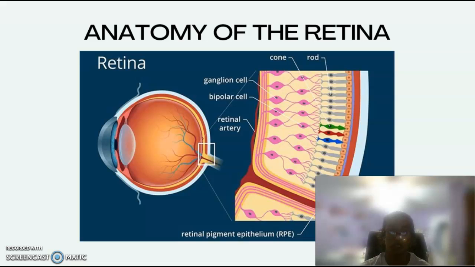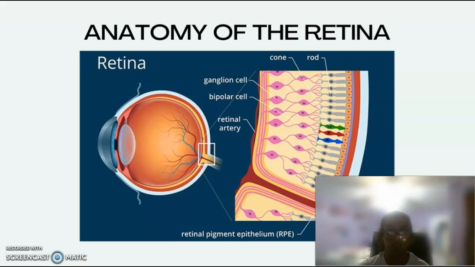The dark pigments within the retinal pigment epithelium and choroid coat function to absorb light passing through the receptor layer, thus reducing light scatter and image distortion within the eye.